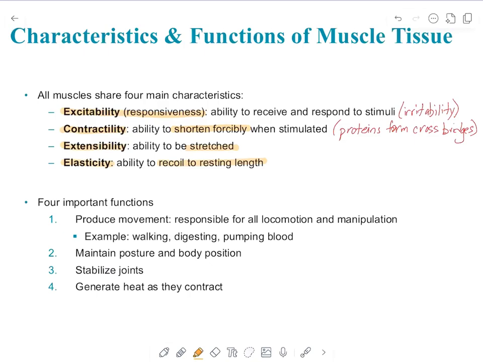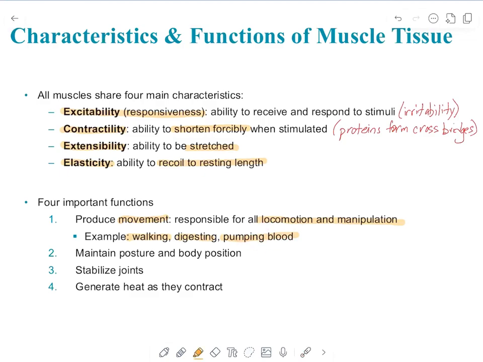The four important functions are to produce movement. That movement could be locomotion and manipulation of the environment, and that would be skeletal muscle. Walking would be skeletal muscle, but digestion and pumping blood would be the smooth muscle for digestion, and pumping blood would be in the heart, cardiac muscle, but in the blood vessels, it would be smooth muscle.